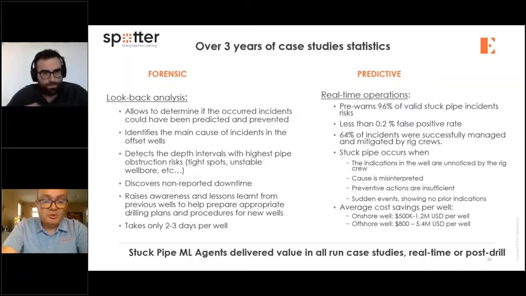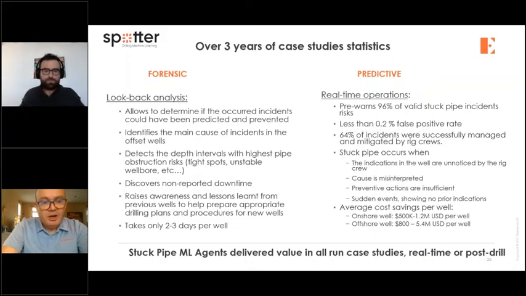It also helps to detect the different intervals that have the highest risks, so that when you drill a new well in the same area, you know where your major areas of highest risk are, and what type of approach you need to take in these particular sections.